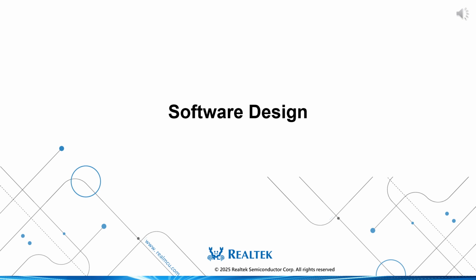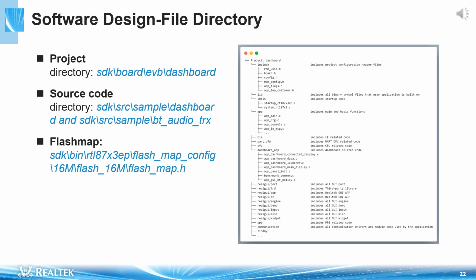Next is a brief introduction to our software design. The source code of our project is primarily located in the dashboard and BT Audio TRX folders under the sample directory. You might wonder, what is BT Audio TRX? Actually, our dashboard application is built upon it.